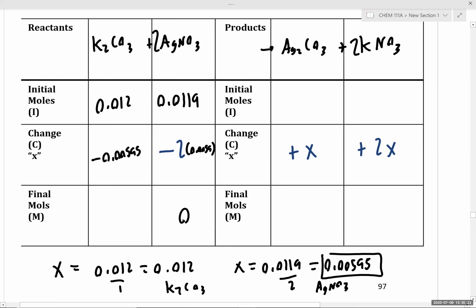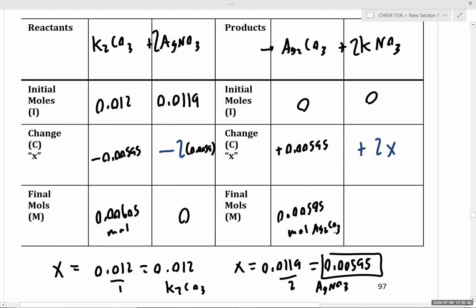So we have 0 moles of silver nitrate remaining. We have 0.00605 moles of potassium carbonate remaining. And then for silver carbonate, we have plus 0.00595, which gives us 0.00595 moles of silver carbonate.